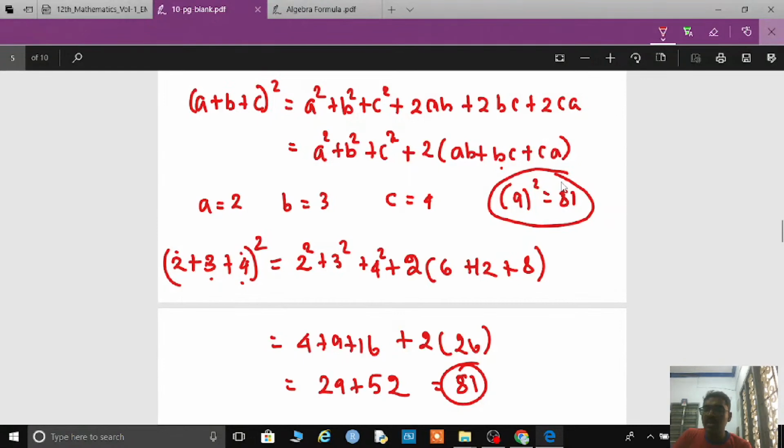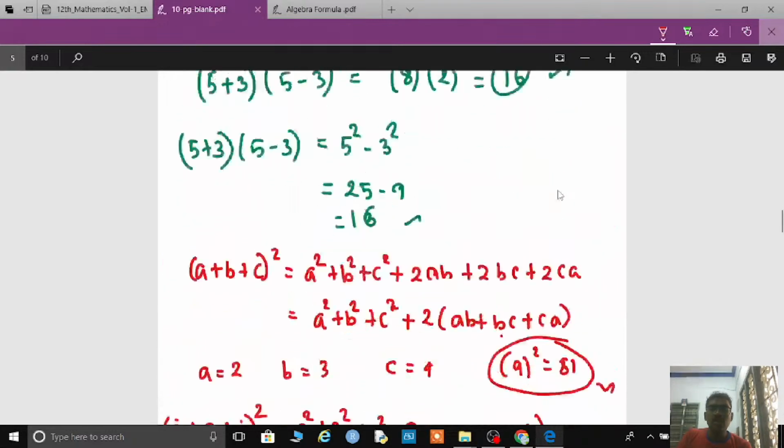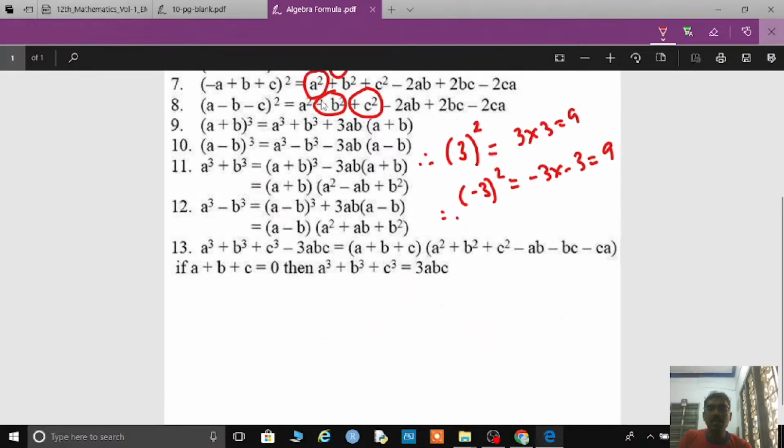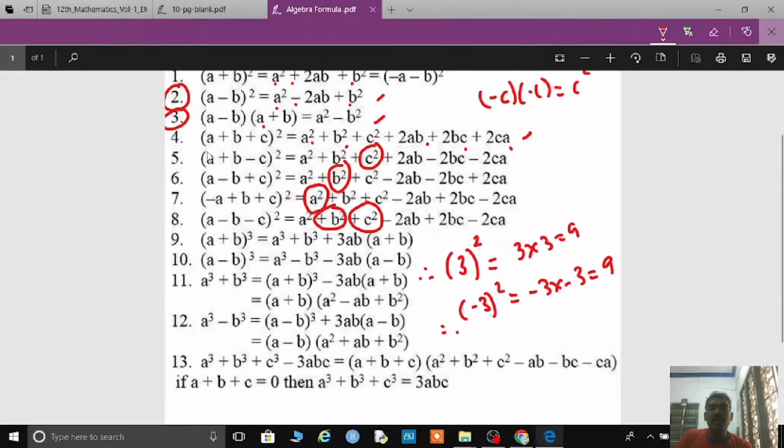So the result correlates with the simple calculation as well as the identity calculation. Got it? By the way, we can also verify this for the fifth formula, as well as the sixth, seventh, and eighth.